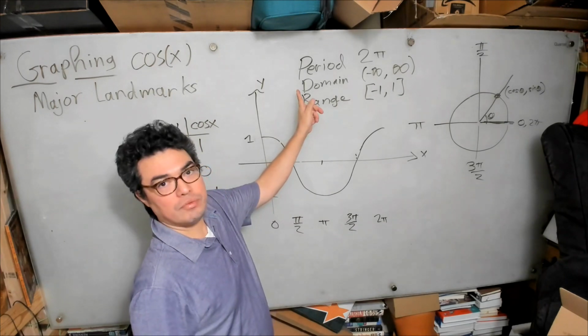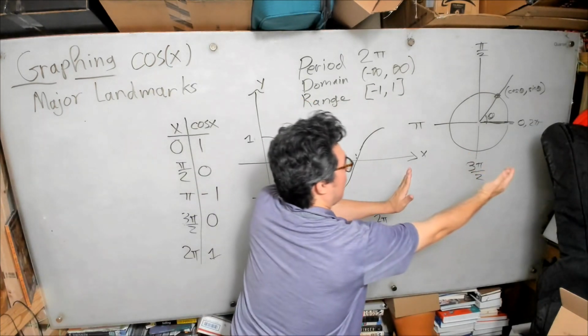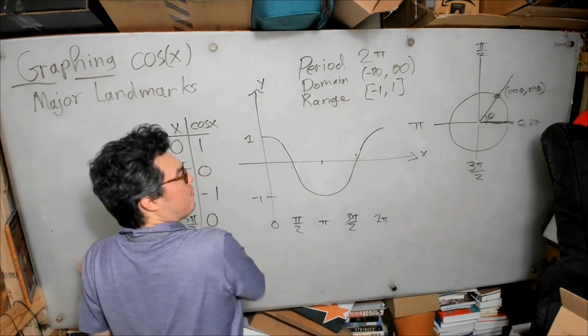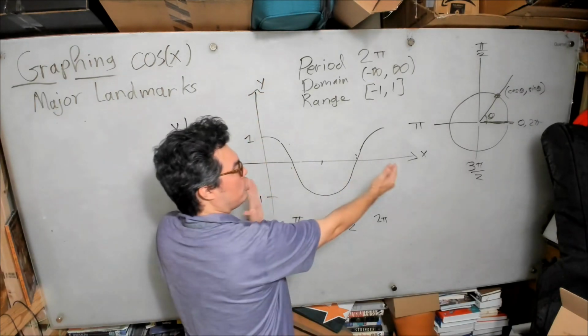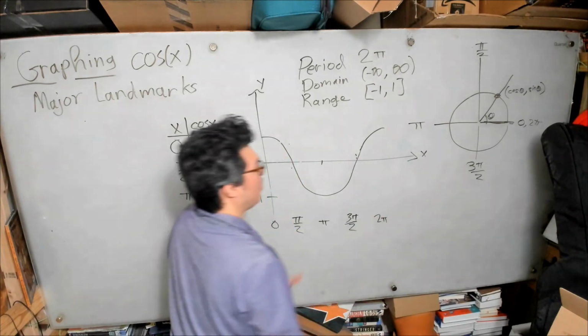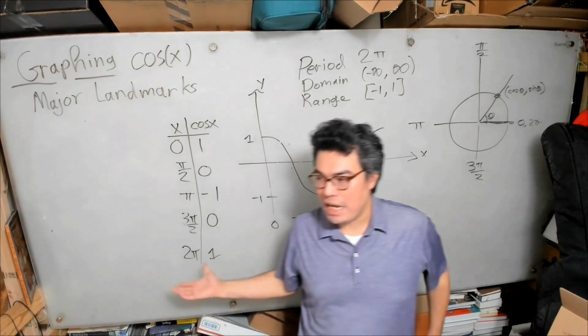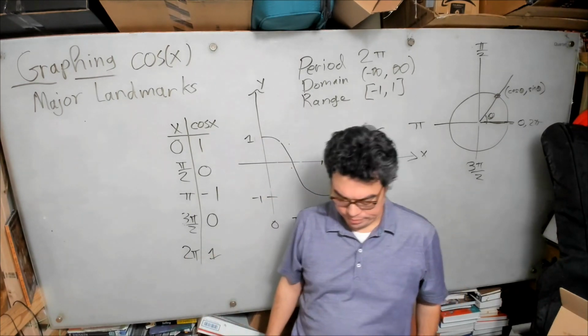That's why the domain is from negative infinity to infinity, because this piece will repeat this way forever, and it will repeat this way forever. And the period is 2 pi, because to draw out this full shape, this full period, we need 2 pi radians. Okay? Now, in any case, these are the main landmarks you need to know to graph any cosine function you need.